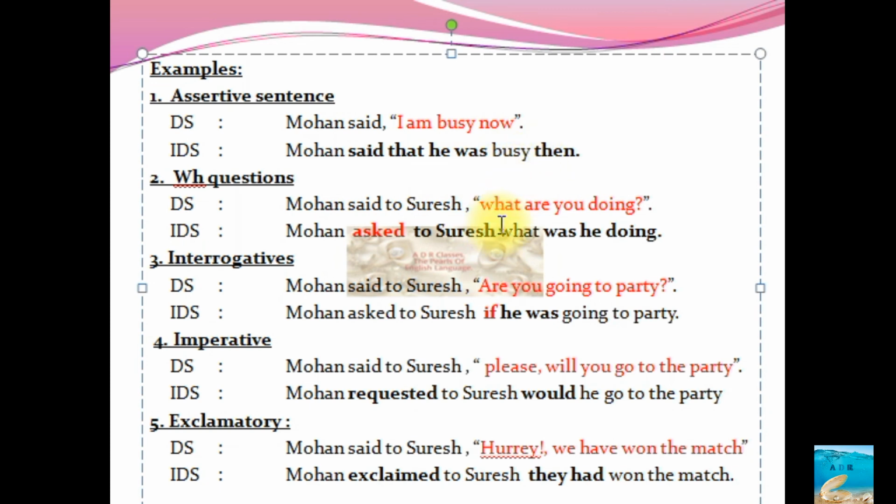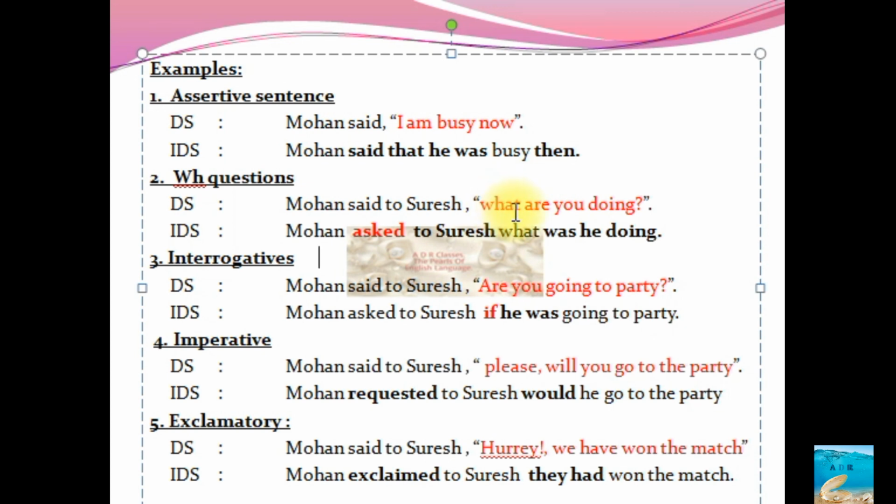WH questions. Mohan said to Suresh, "What are you doing?" Now, the word you refers to Suresh. Mohan asked. Why asked? Because this is an indirect sentence of a WH question, so asked is used instead of said.